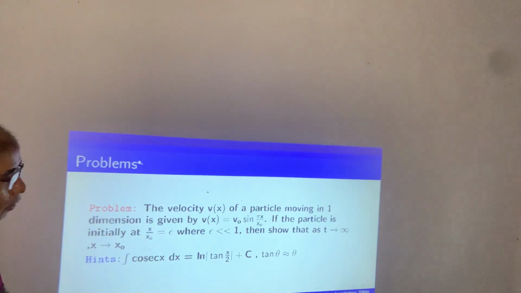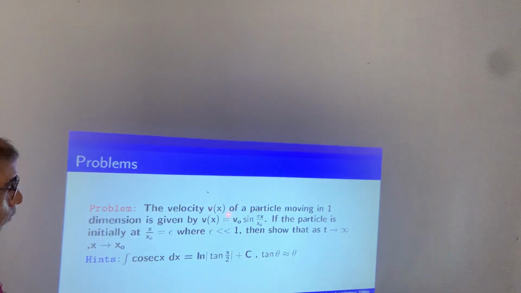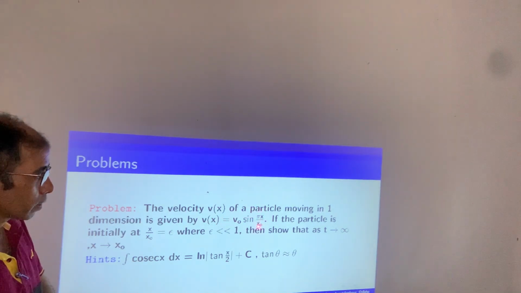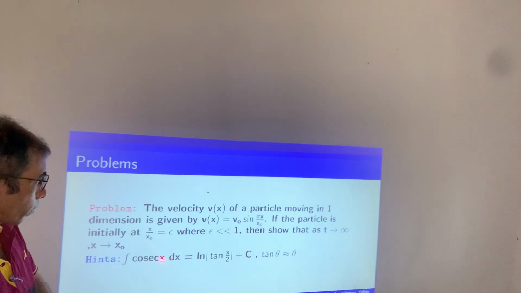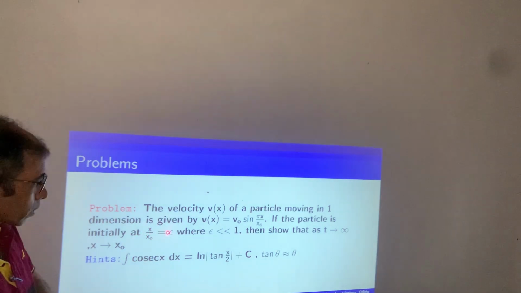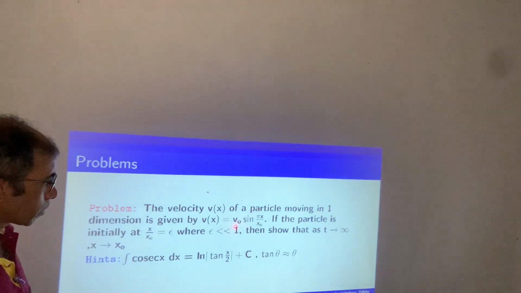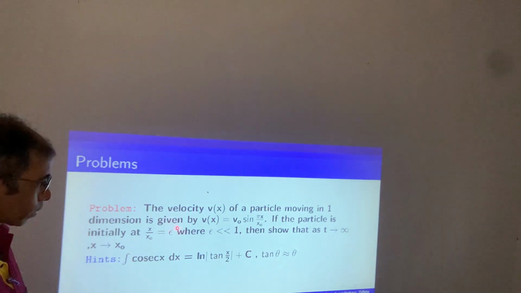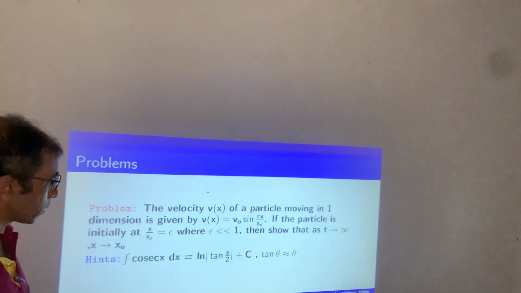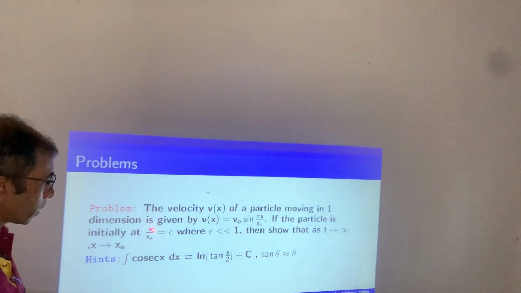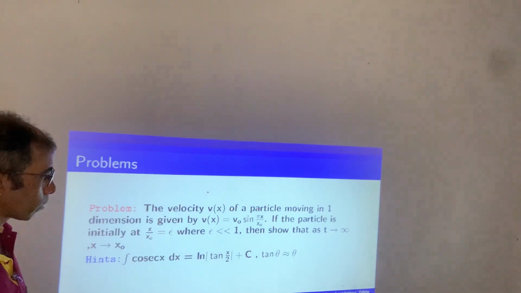Now we go to the next problem. The velocity of a particle moving in one dimension is given by v_x equal to v0 sin(pi x by x0). The particle is initially at x by x0 equal to epsilon, where epsilon is much less than 1, so this is a very small quantity.